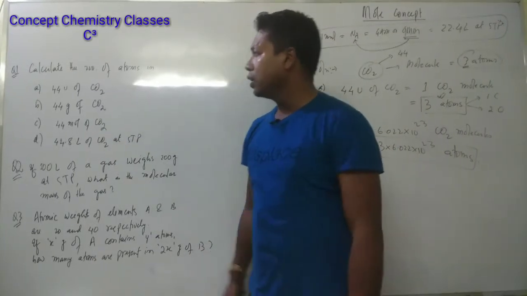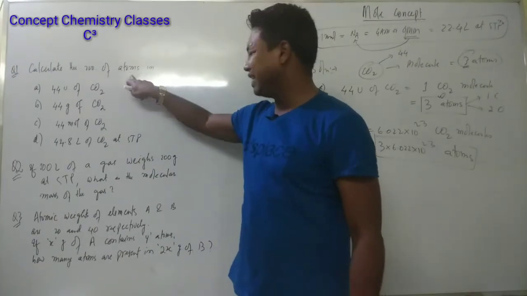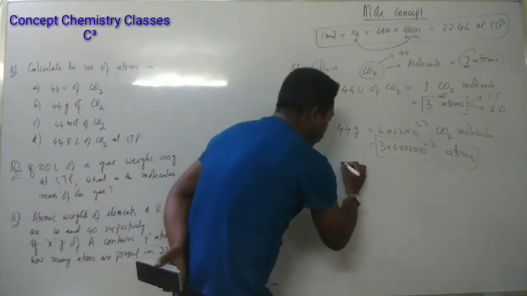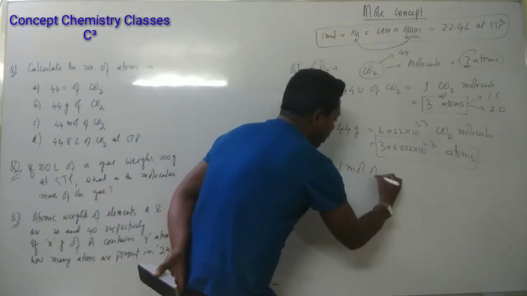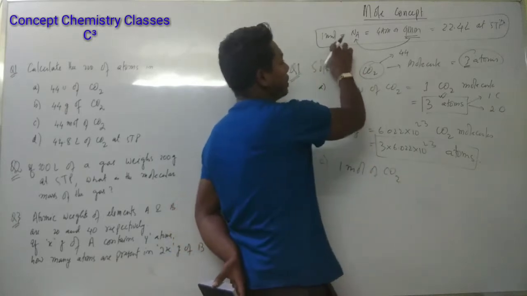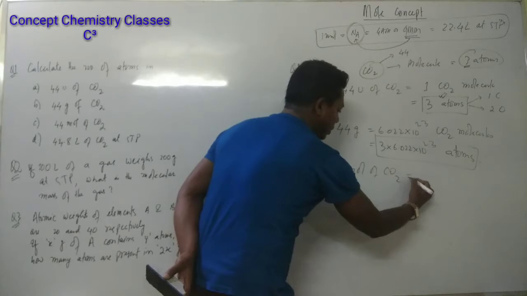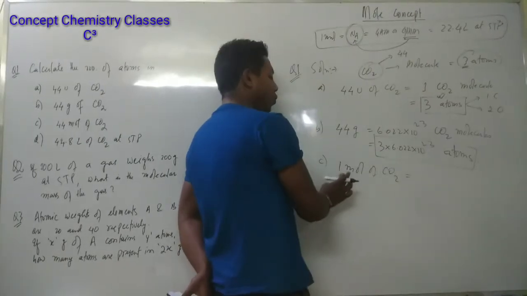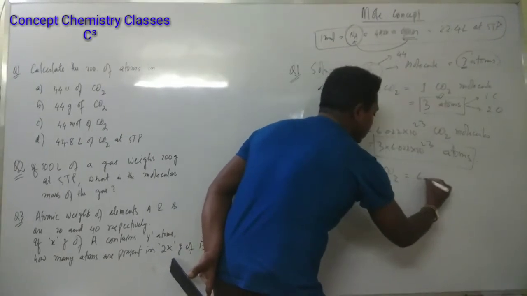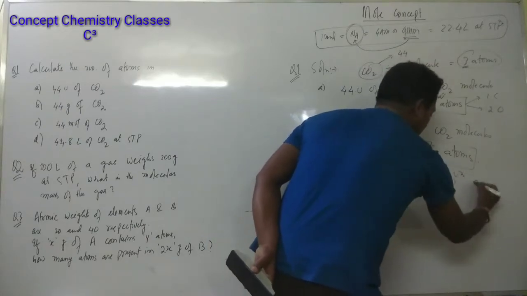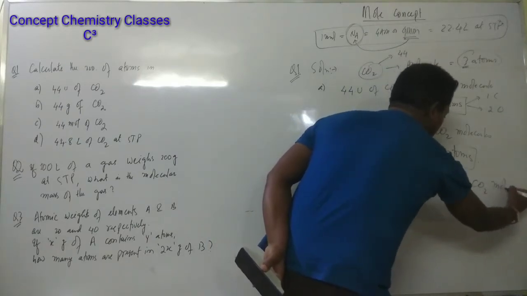The third question is, we need to know the number of atoms present in 44 mole of carbon dioxide. Now 1 mole of carbon dioxide, from the definition, contains N_A molecules. Since carbon dioxide is a molecule, 1 mole of carbon dioxide contains 6.022 × 10^23 carbon dioxide molecules.